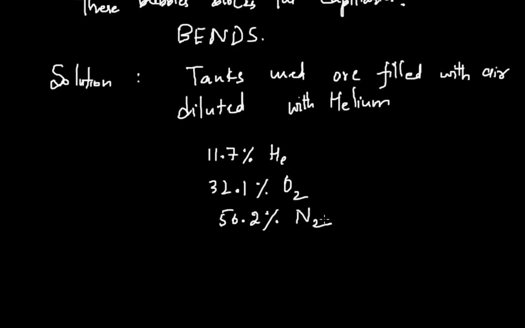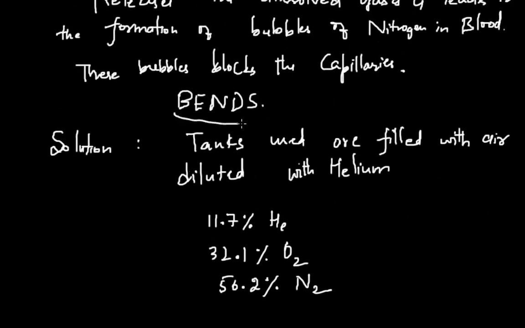So nitrogen has been reduced from 70% to 56%, which is good. Too much nitrogen causes painful bends. The scientific name for this is nitrogen narcosis.